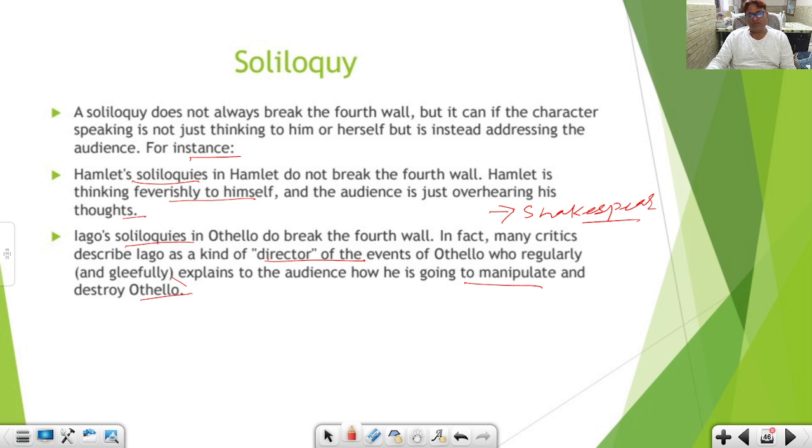If you have studied Othello, then you can easily find that Iago is a villain. Iago manipulates the events and incidents, and the purpose behind this manipulation is the destruction of Othello. So beautiful soliloquies are there.